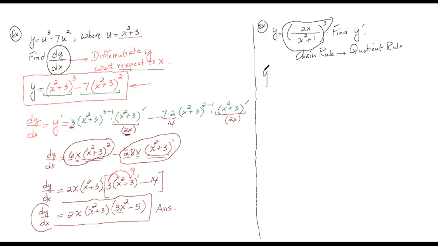Okay, so I'm going to get this started. So the chain rule will be 3 times (x squared over x squared plus 1) to the power of 3 minus 1, and then times the derivative of 2x over x squared plus 1. See, so that whole thing that you have here is your chain rule. But now when you're differentiating this part is the quotient rule.